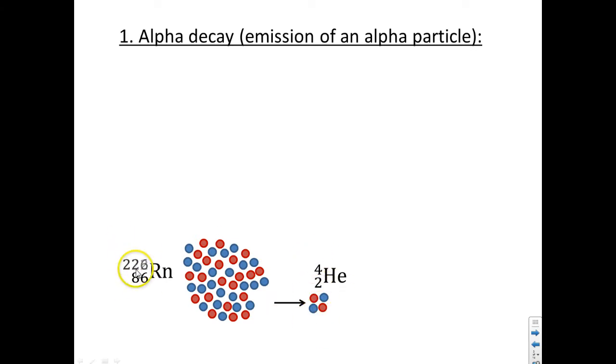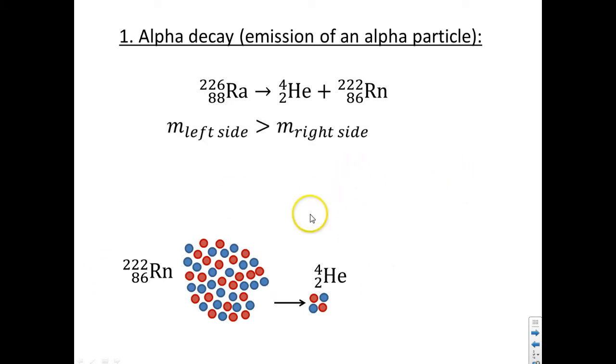So that goes from 226 to 222. Right, so we started with radium-226, and it spontaneously decayed, which means it emitted an alpha particle, leaving behind as the daughter nuclide a radon nucleus.